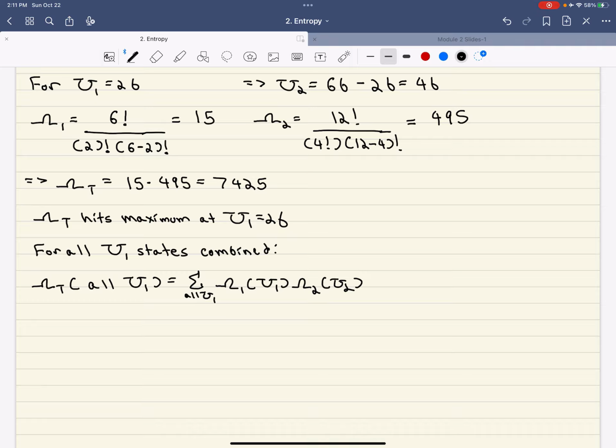And if we do that, we see that for any of the possible energy values, we have a total number of about 19,000.